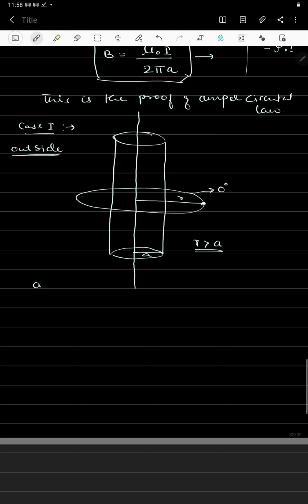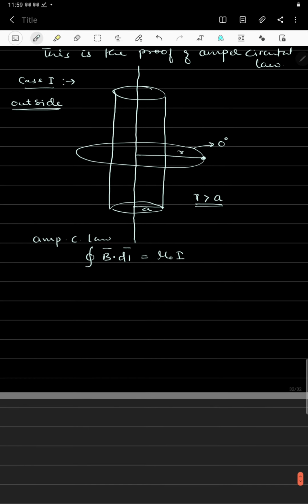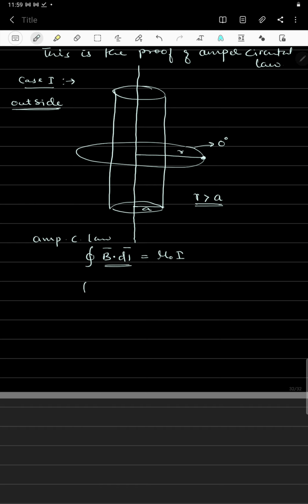By using Ampere's circuital law, the line integral of B dot dl is equal to mu naught into I. We can write the dot product as the integral of B dl cos 0.